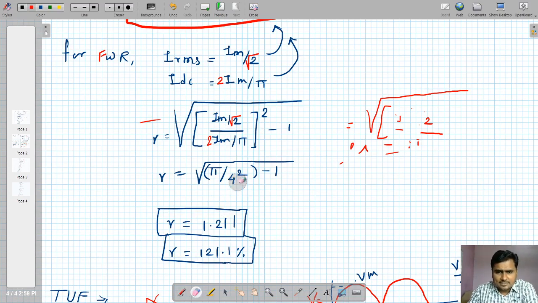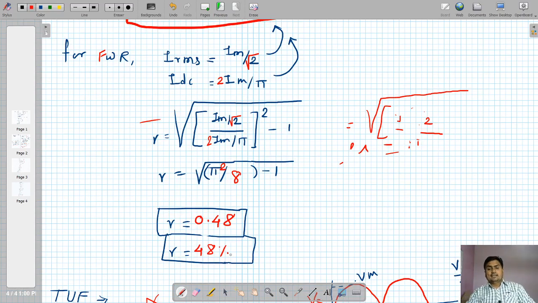So pi square divided by 8, minus 1. And finally I am getting the number roughly 0.48, or I can say 48%. The ripple factor for the full wave rectifier is 0.48 or 48%.